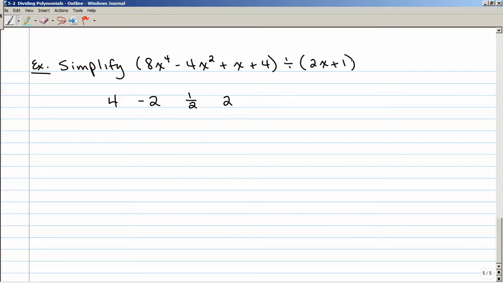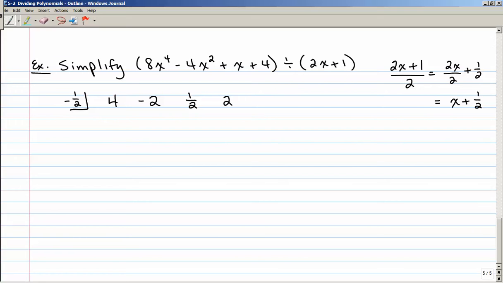And I need to divide 2x plus 1 by 2. That's going to be the same as saying 2x over 2 plus 1 over 2, or the same as x plus 1/2.